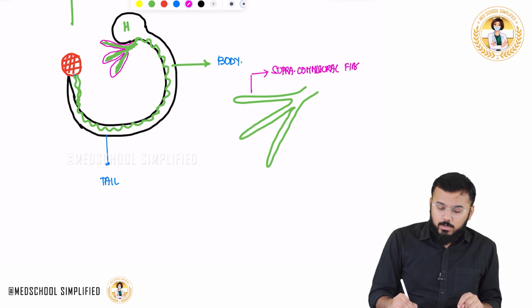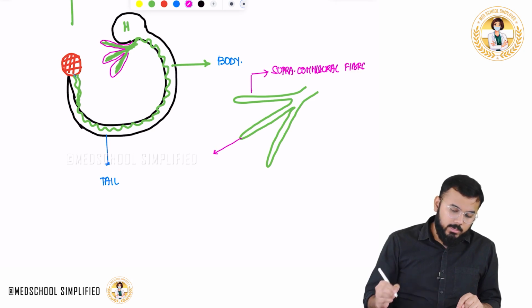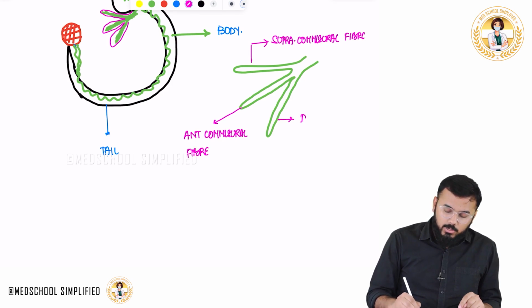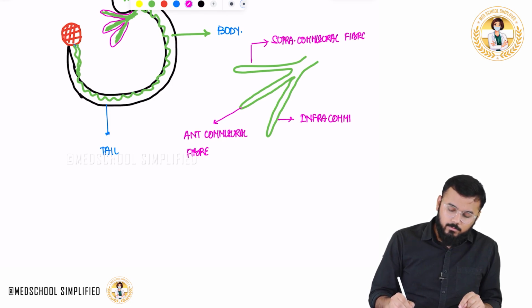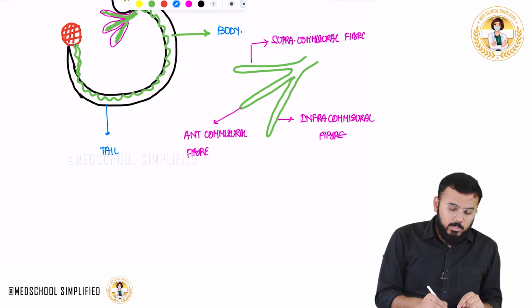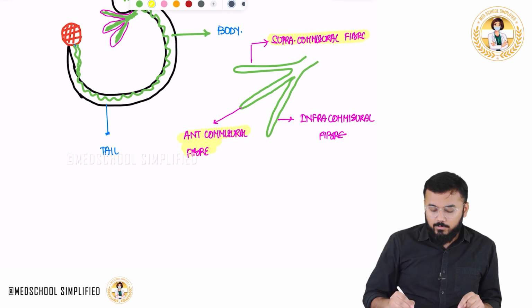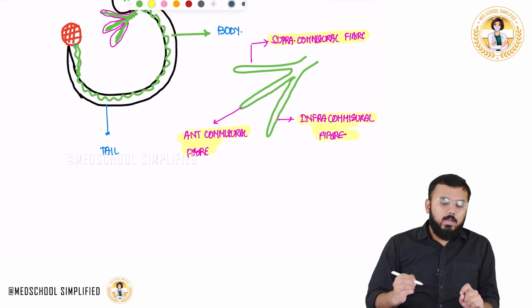Next, this part over here is called the anterior commissural fiber, and this part over here is called your infracommissural fiber. Okay. So there are 3 different types of commissural fibers: the supracommissural fibers, the anterior commissural fibers, and the infracommissural fibers.